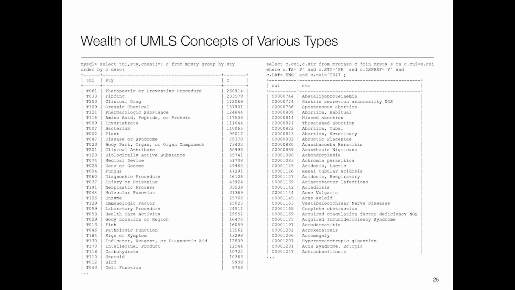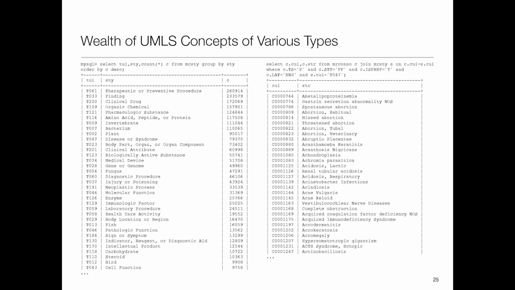Here are the UMLS semantic concepts of various, or the semantic types. So you see that the most common semantic type is this T061, which stands for therapeutic or preventive procedure, and there are 260,000 of those concepts in the meta-thesaurus.